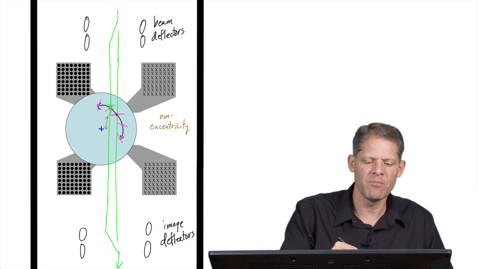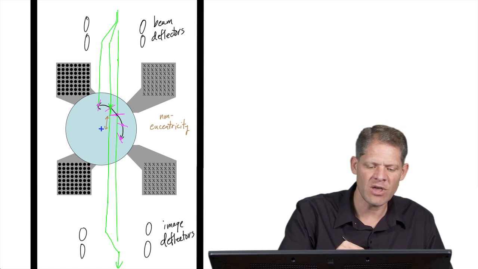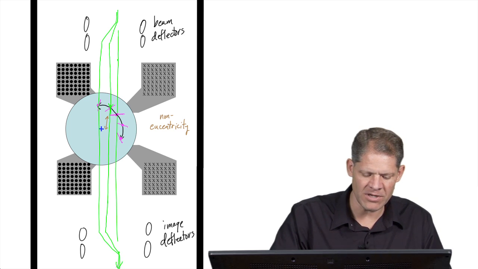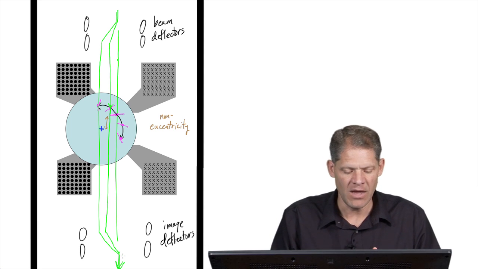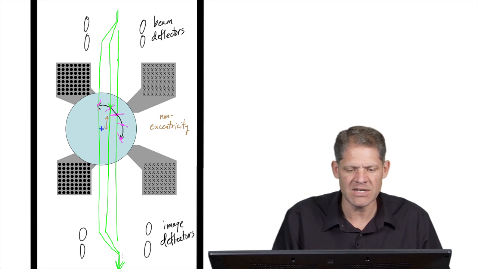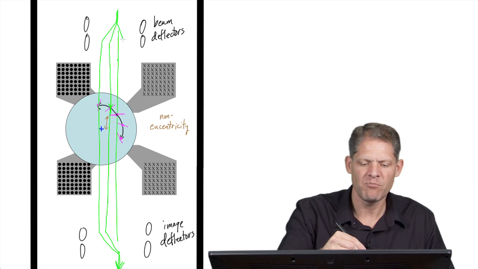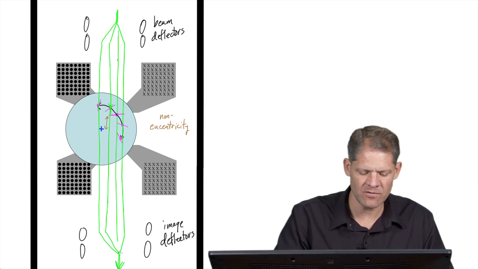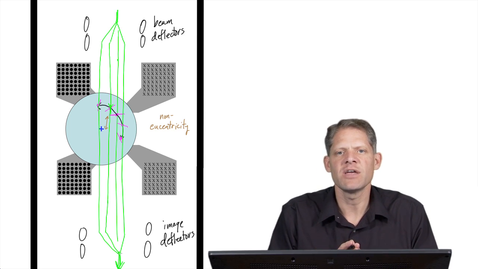And as our sample moves further and further during the tilt series, we can deflect this further and further so that we image that sample and then we bring it back always to the optical axis of the lower column in order to keep the image on the detector. So as the sample moves back and forth, we apply beam shifts and compensatory image shifts to keep our target within the image.